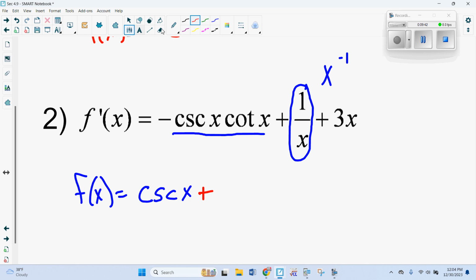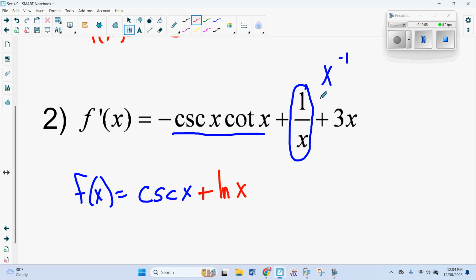And so if you ever have this where you have x to the negative 1 and you add 1 and you get x to the 0 and you think that's just not right, that should be bells and whistles going off in your head to remind you that the antiderivative of 1 over x is natural log. The derivative of natural log is 1 over x.